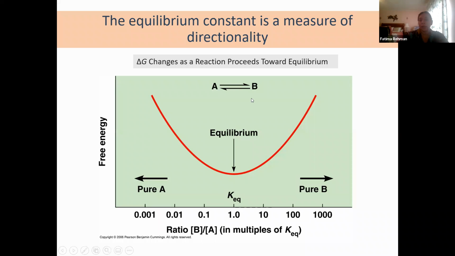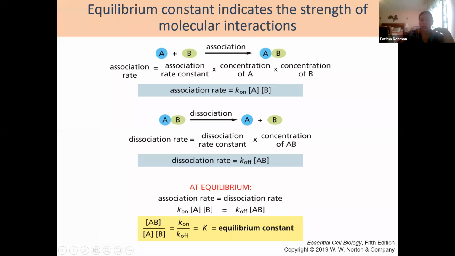So in a particular setting, when the delta G is 0 and there is no net change in energy, the equilibrium constant would be 1, right? And then when the delta G changes, it moves to above 1 or below 1. The equilibrium constant is taken as the ratio of the products over the reactants.